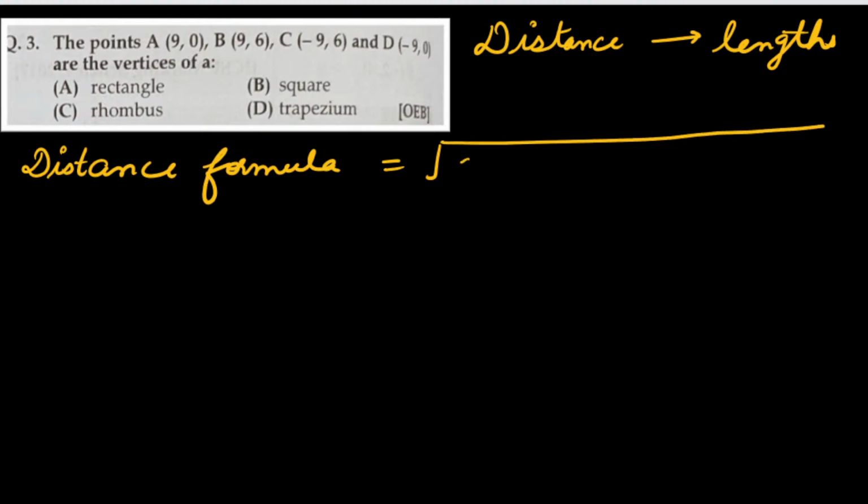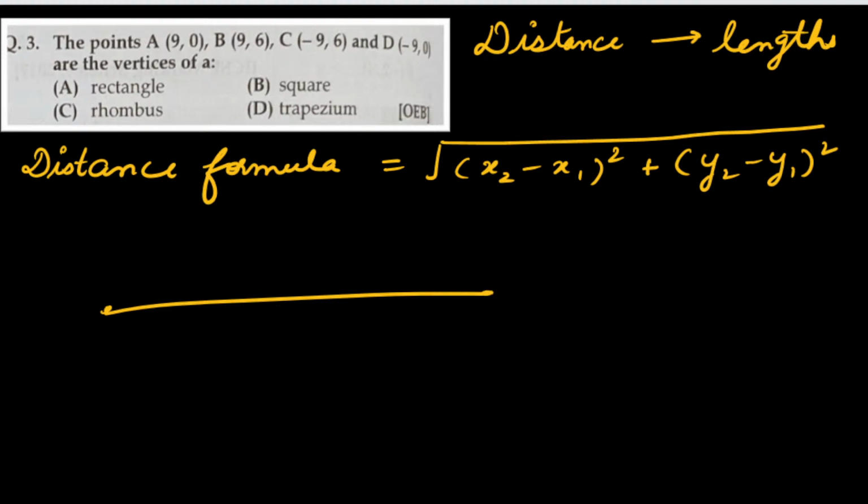So the distance formula you can make a note of. It is equal to the square root of (x2 minus x1) whole square plus (y2 minus y1) whole square. With the distance formula we are finding the length of a line segment.